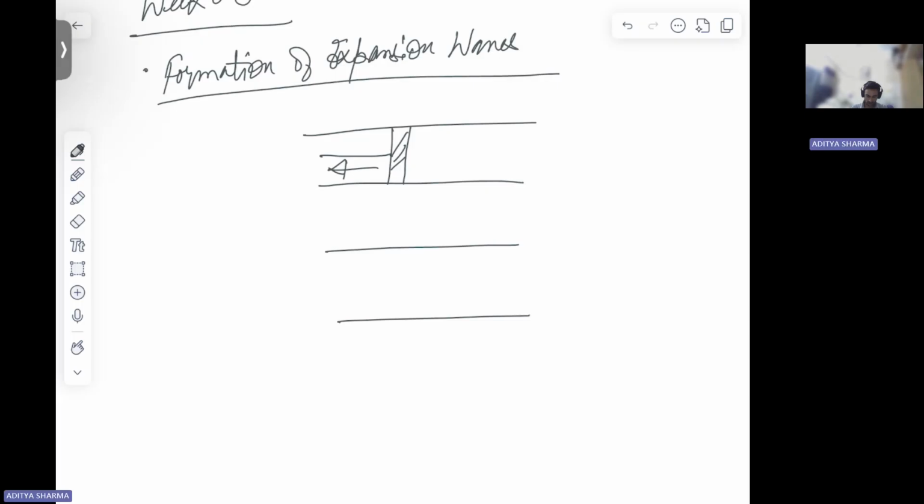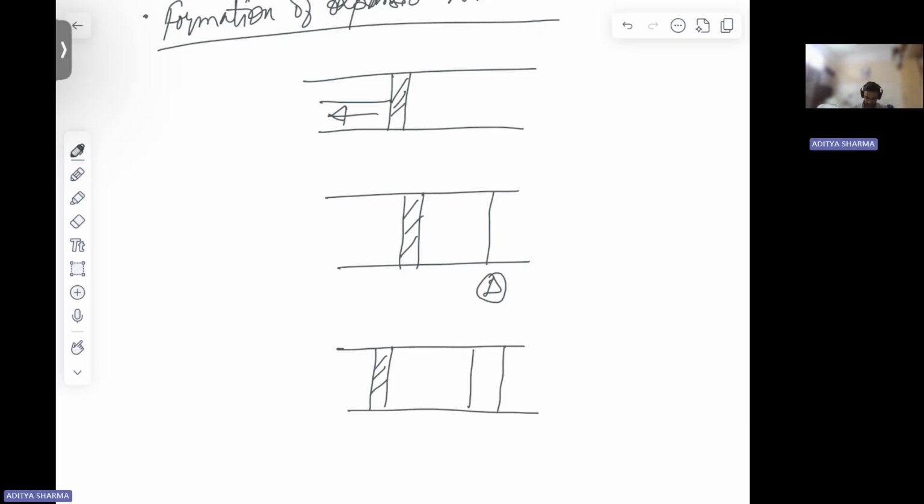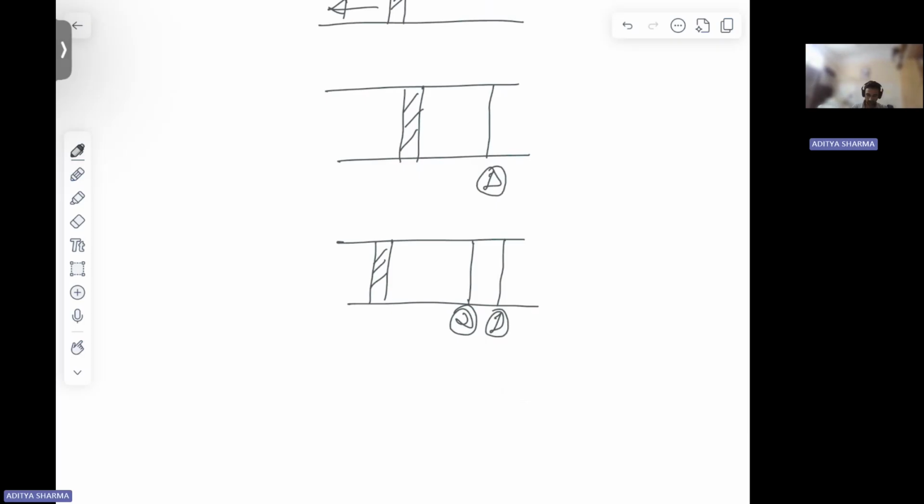Now, let's say we have one expansion wave, then we have a second expansion wave. The speed of the second expansion wave is going to be less than the speed of the first expansion wave, because if we compare it with a normal shock, the property change here is opposite.